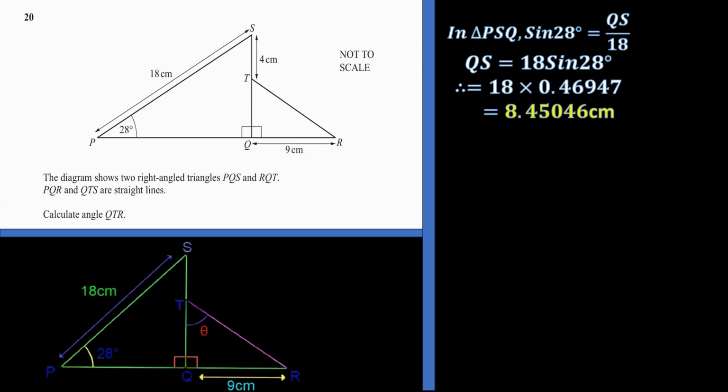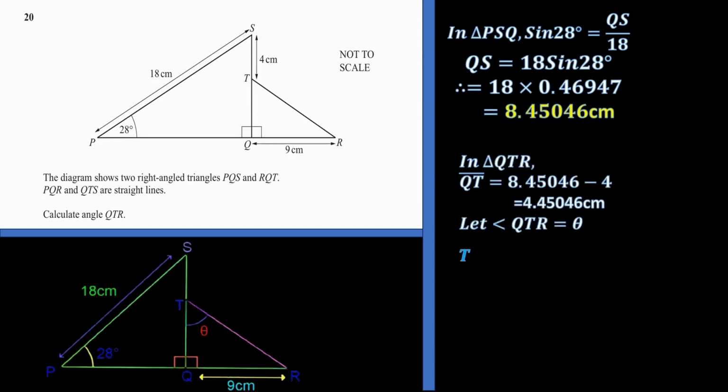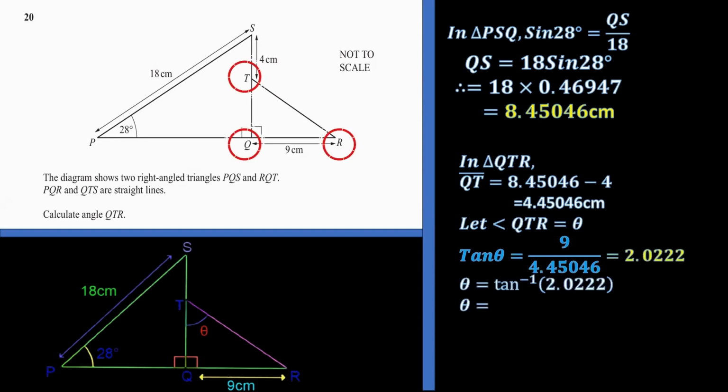But what we are looking for is angle QTR, so let's see how we can get that angle. We now consider triangle QTR. In triangle QTR, the length of QT is going to be the length of QS minus TS.